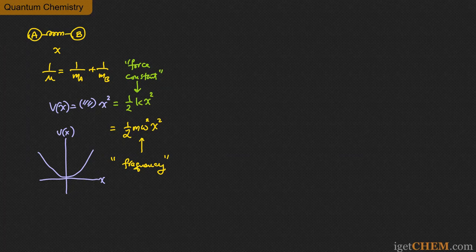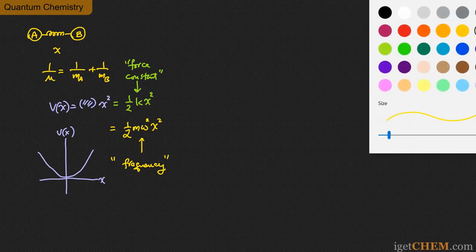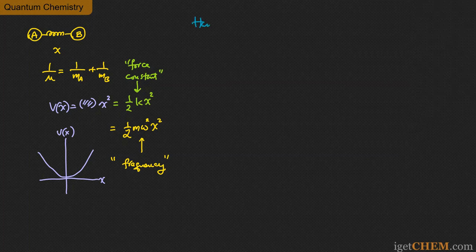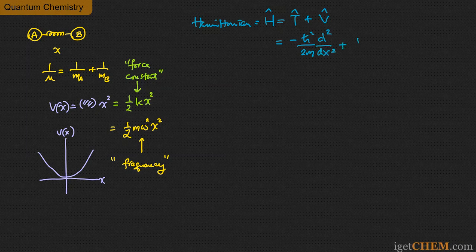On the other hand, we also know that the Hamiltonian is a sum of the kinetic energy operator T and the potential energy operator V, and V, as we have said, is equal to 1/2 m omega squared x squared, but T is minus h bar squared over 2m d squared/dx squared.